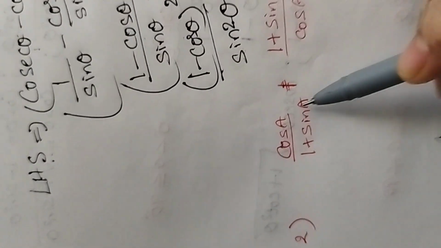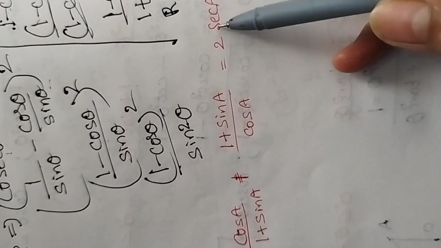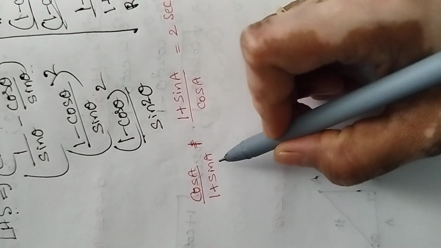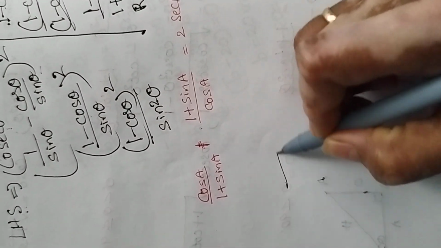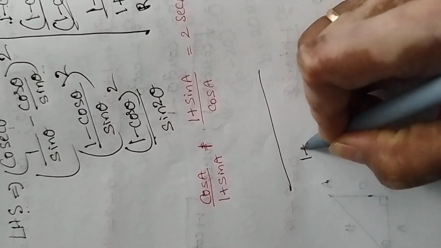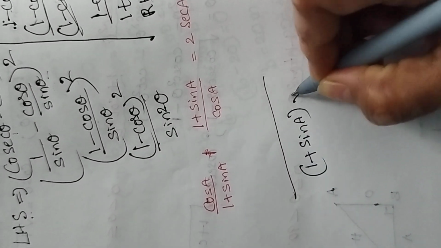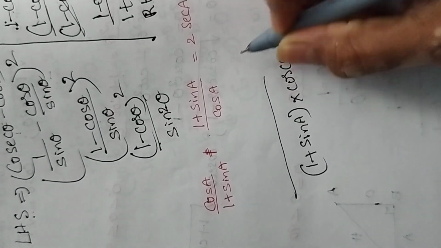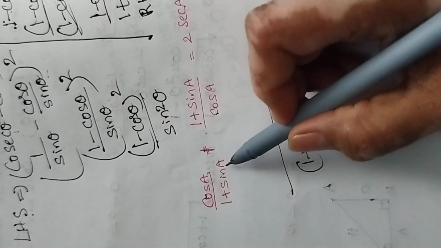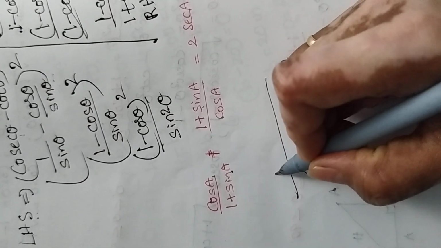Next, coming to the second sum, this one you should prove equals 2 secant a. I am taking the LCM of the denominators. The LCM is 1 plus sin a into cos a. So the numerator is cos square a plus 1 plus sin a whole square.